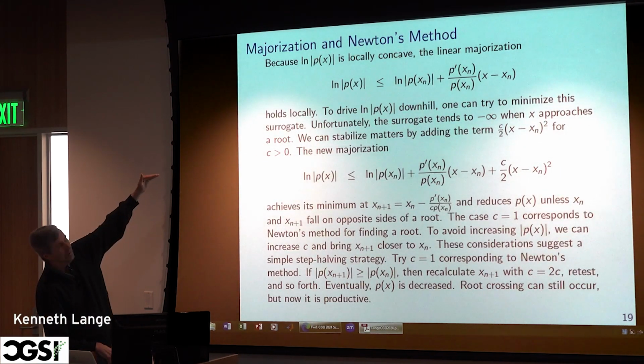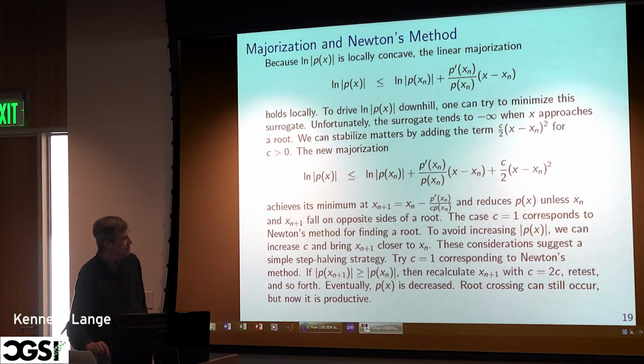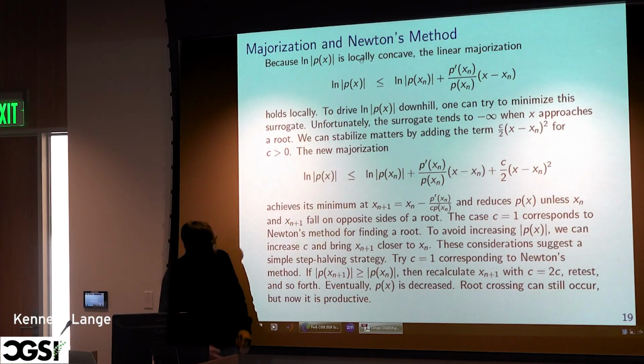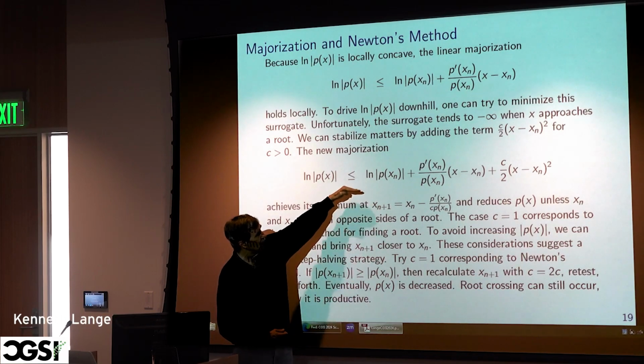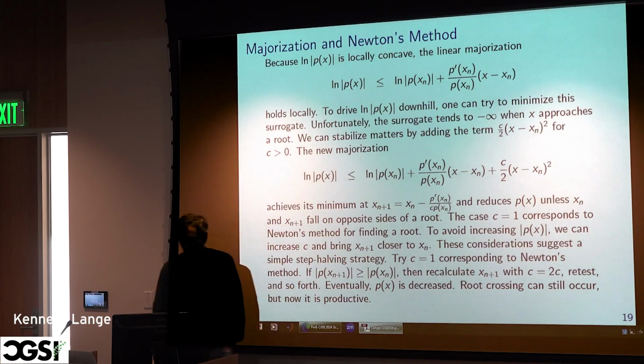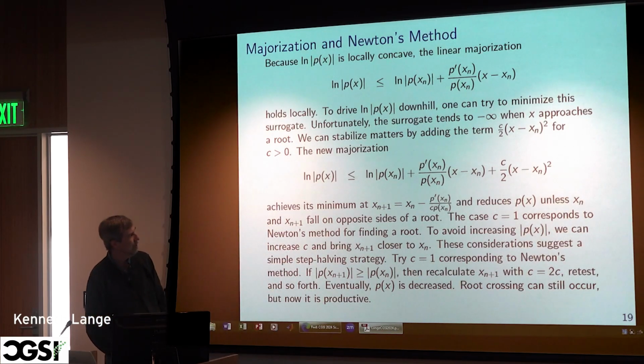Okay, so the top is the linear majorization. We're trying to drive the objective down to minus infinity, basically. So what we do to stabilize matters is we introduce another term, this c over 2 times x minus xn squared. Now that surrogate function is no longer linear, it's quadratic, and it has a nice minimum.